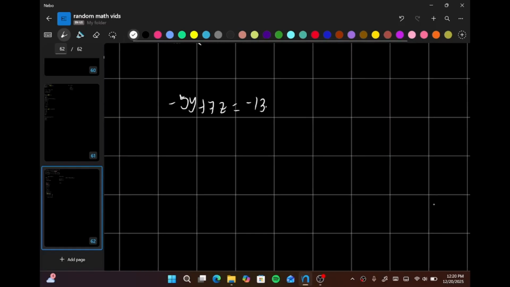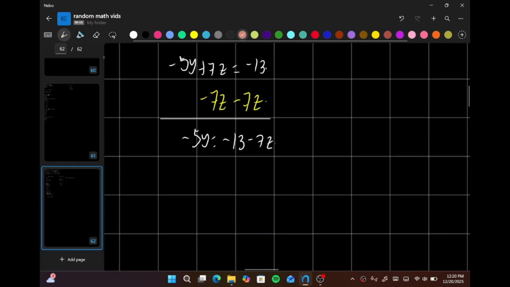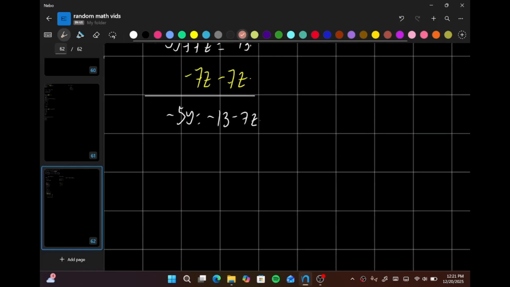We subtract 7z on both sides, so negative 5y equals negative 13 minus 7z. Then we divide both sides by negative 5, but you want to be careful with your signs, okay?